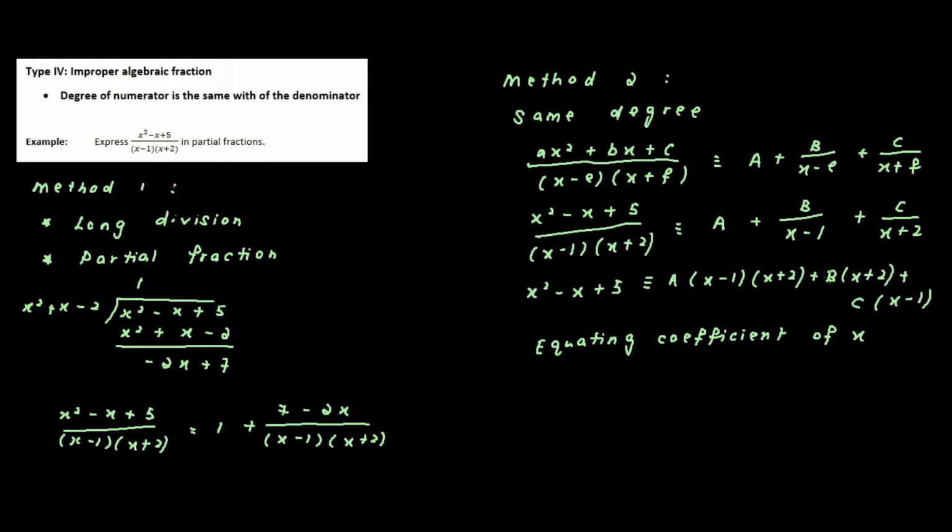You can see for B, I don't have any x squared, and for C, I also don't have any x squared. So my x squared is only at A. So A will be equal to 1. So you see that A and A are both equal to 1. Then after that, you can continue and do your B and C, by using the idea of substituting negative 2 to get C, and substituting 1 to get B, like that.